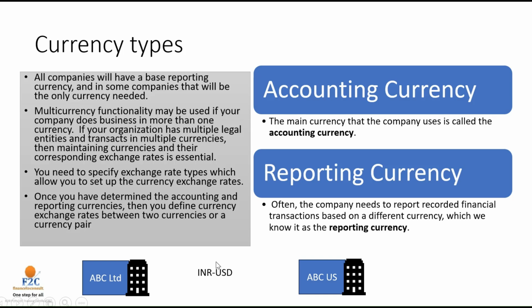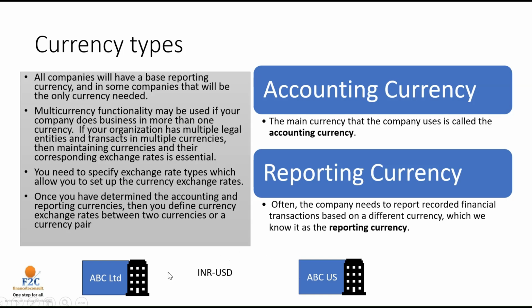In this training example, I have ABC Limited, a company in India, and I do transactions in INR, but my parent company is in the US, and they say, whatever transactions you have done in INR, please report to me in USD.